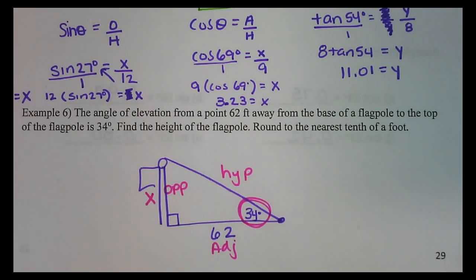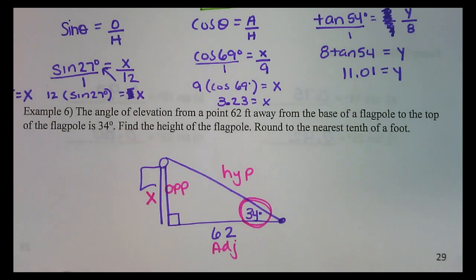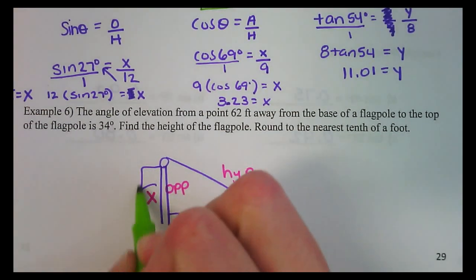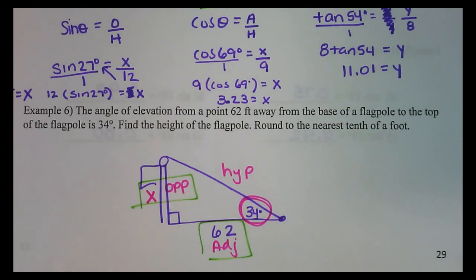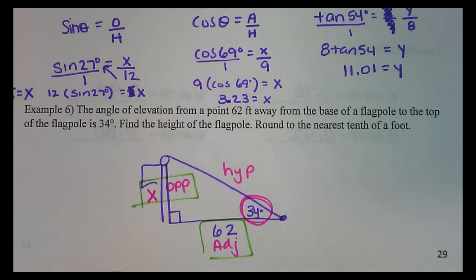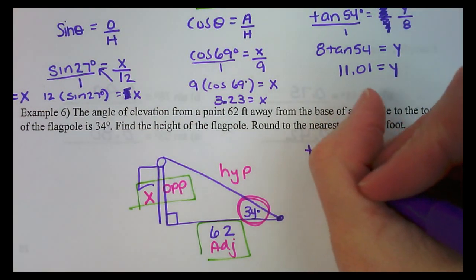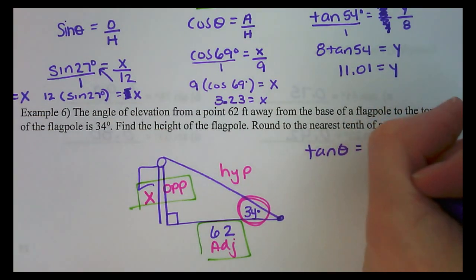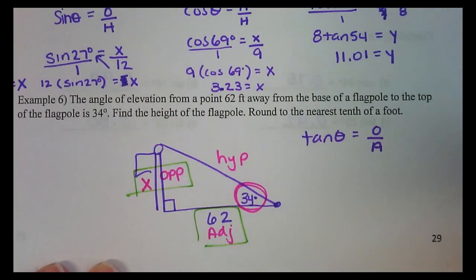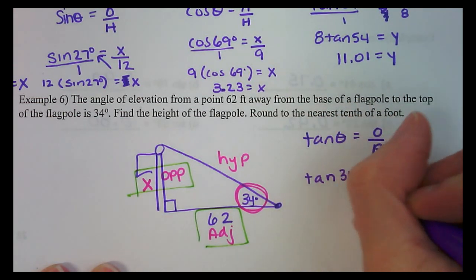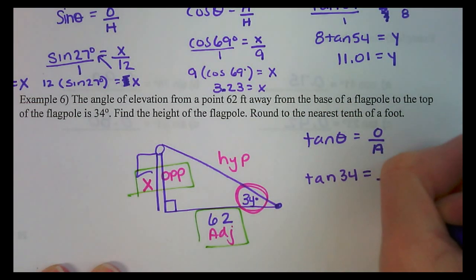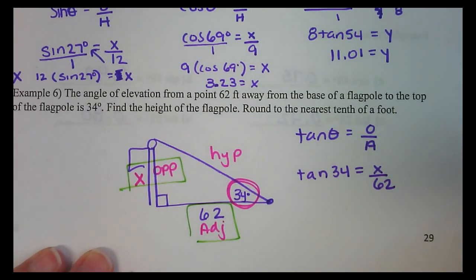When I look to see what I'm dealing with, I have information here. This is what I'm solving for. I don't know anything about the hypotenuse. So I want to use tangent because tangent is opposite over adjacent, and that's what I have in my picture. So the tangent of 34 is x over 62.